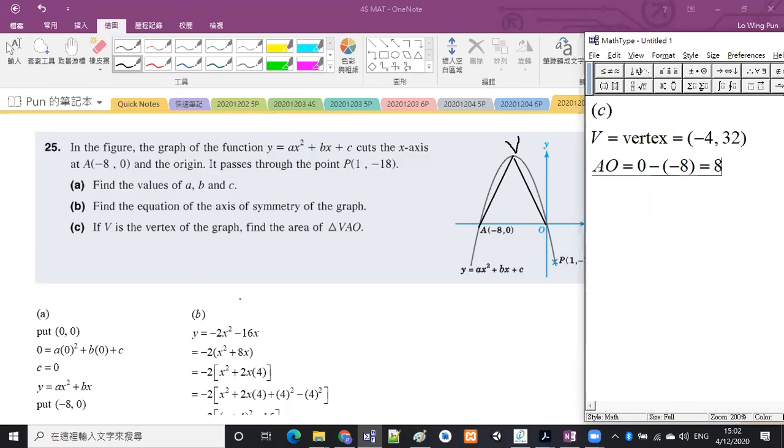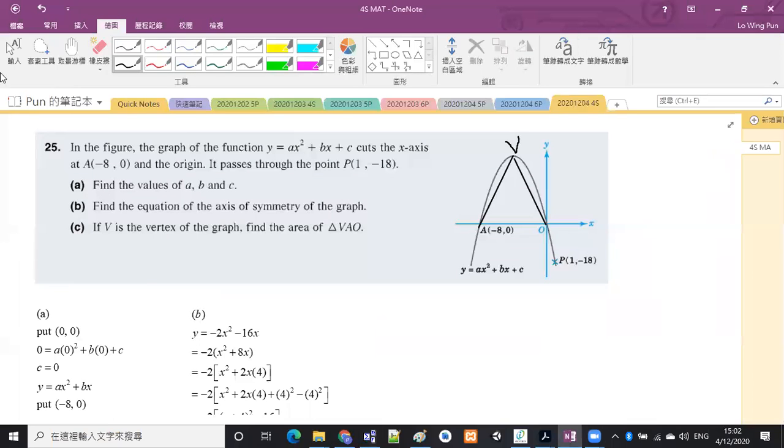And then for the height, the concept is actually dropping a vertical straight line from point V, which is perpendicular to AO.